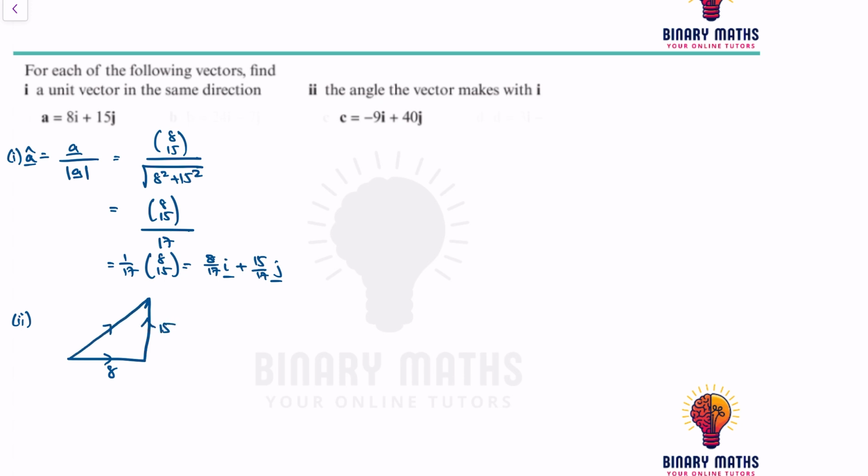The angle it makes with I is basically this. So we're trying to find theta there. It's opposite and adjacent, so tan theta is equal to opposite, which is 15 over 8. So theta is equal to inverse tan of 15 over 8, which means it's equal to 61.9 degrees.